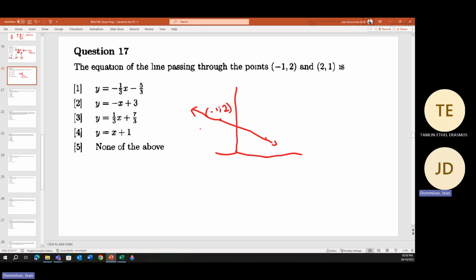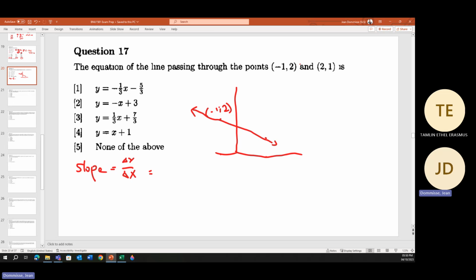So the first thing that we can work out is the slope. So the slope is the change in y divided by the change in x.